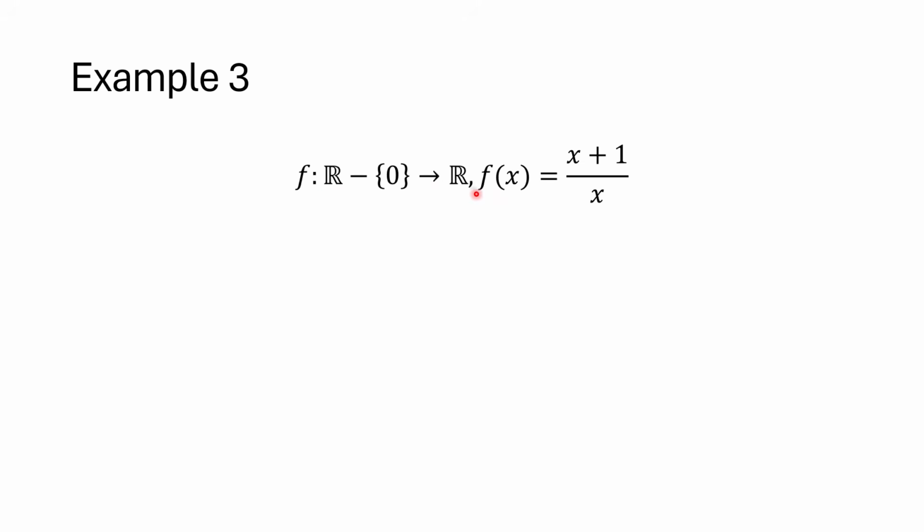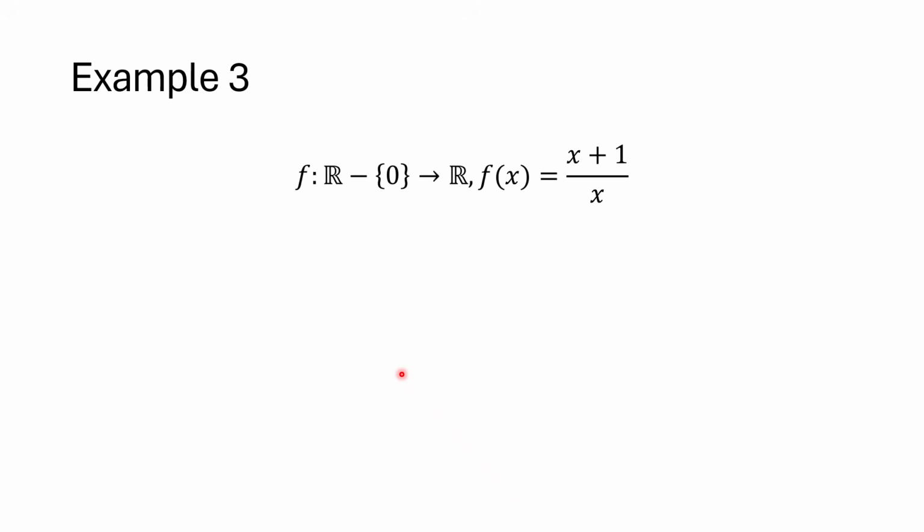And we can see why, right? If we look at the function f of x is x plus 1 over x, the domain does not allow x to be 0, because then we would be dividing by 0. But how on earth would we determine whether this is an onto function or not if we don't know what the graph looks like?